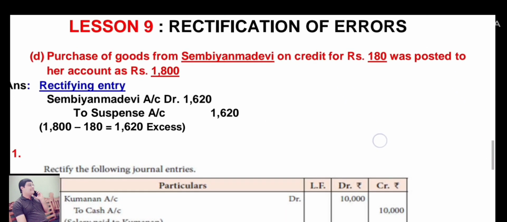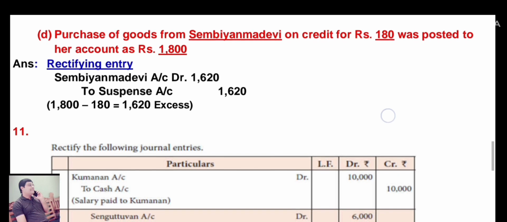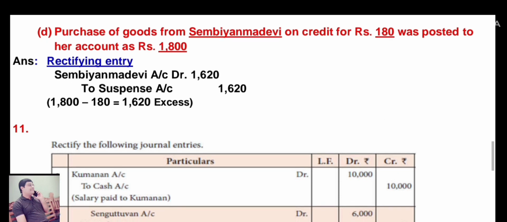Next question. Purchase of goods from Sembyanma Devi on credit, rupees 180, was posted to her account as 1,800. So instead of 180, it is written 1,800. So it is an excess, over cost, and over cost means we have to write the opposite entry. Normally, purchase of goods from Sembyanma Devi means the original entry is purchases to Sembyanma Devi, a credit balance.